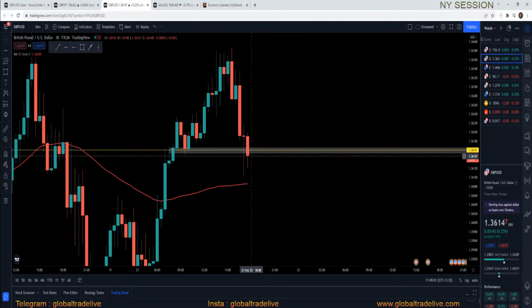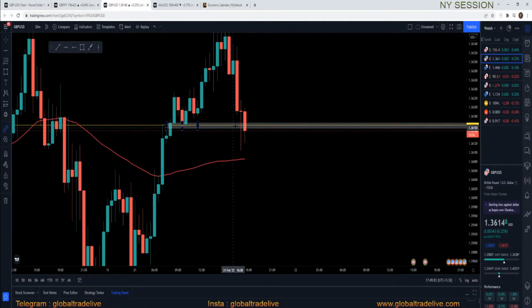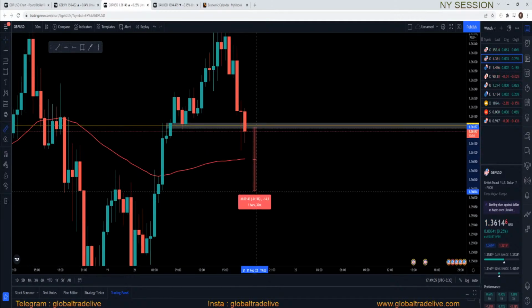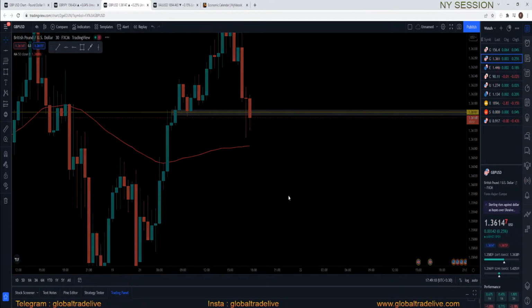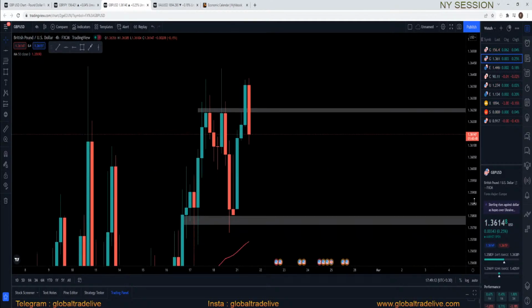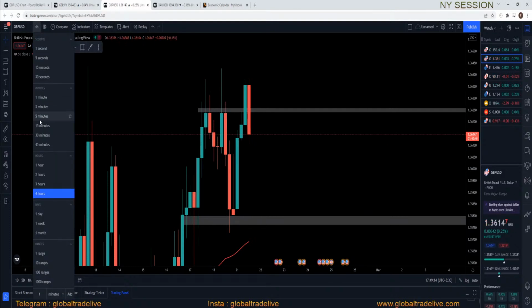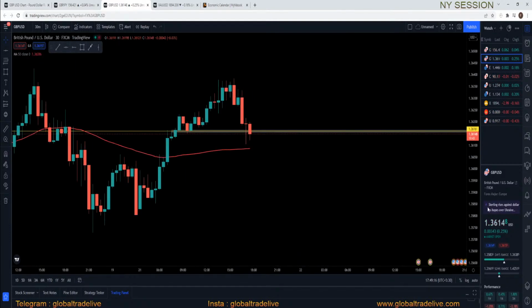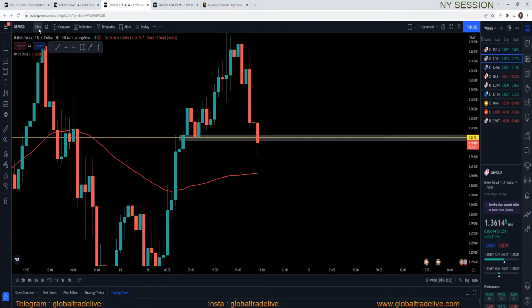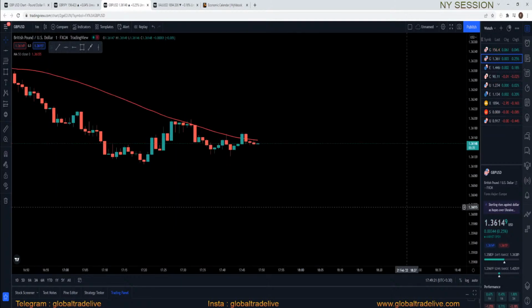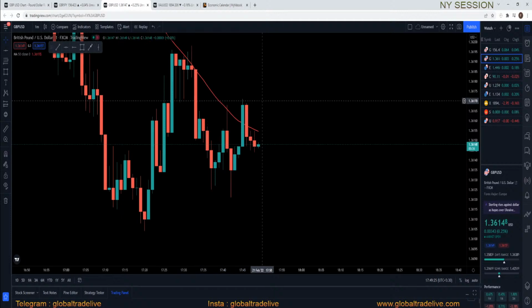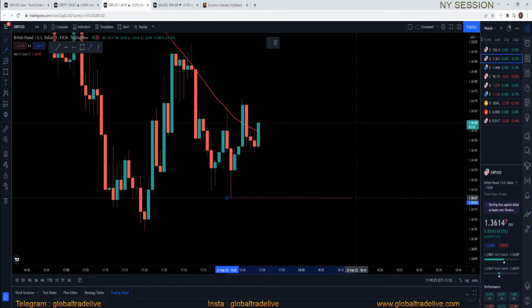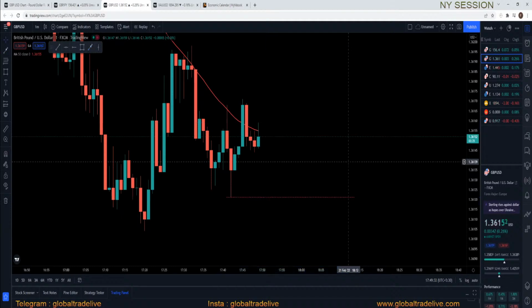If this closes below this area, then the next candle might just move up, and then it will go down like 13, 14 pips. If you look at the 4 hour, yeah, 4 also looks good to go down. So let's see. That means we will be looking for sells in GBPUSD. So for sells, I'm gonna wait.